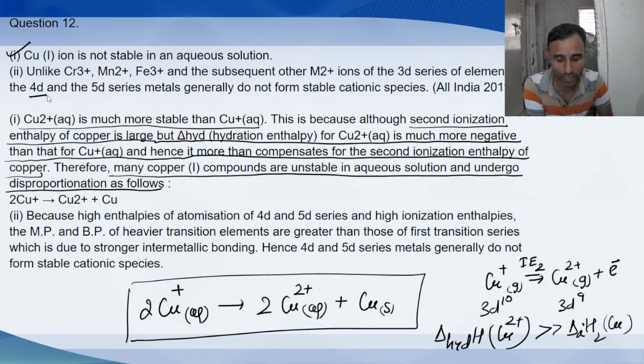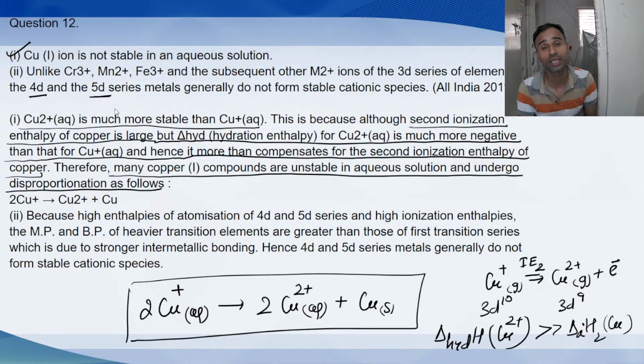Actually in the 4d and 5d series, metallic bonding becomes stronger, because in them electrons are more loosely held, and therefore they can participate in bonding more than in the 3d series. So their metallic bonding is strong enough than that of the 3d series, and because of that their enthalpy of atomization is high.